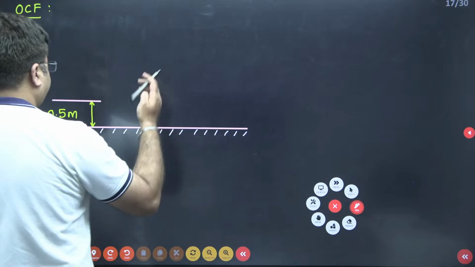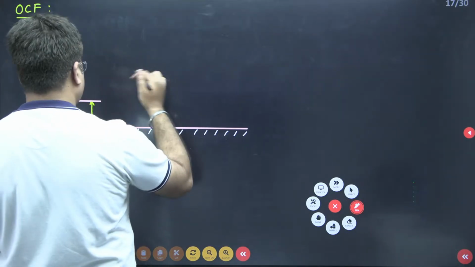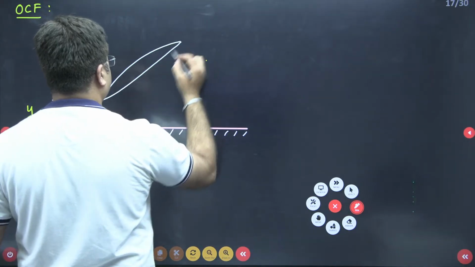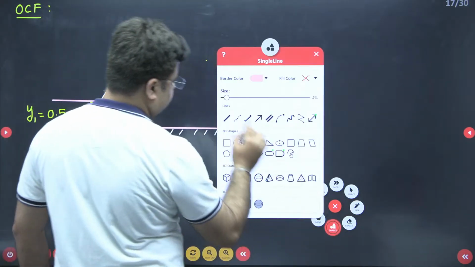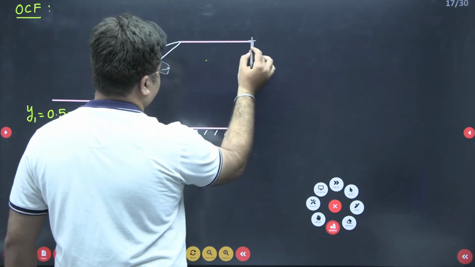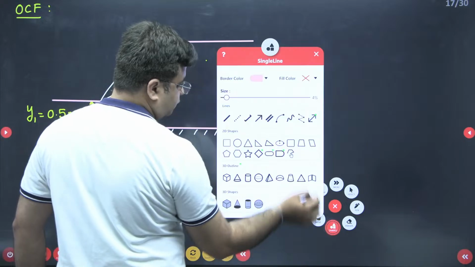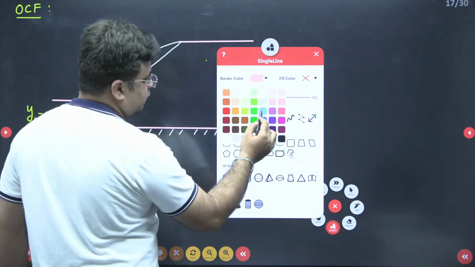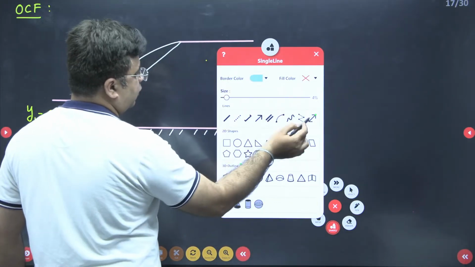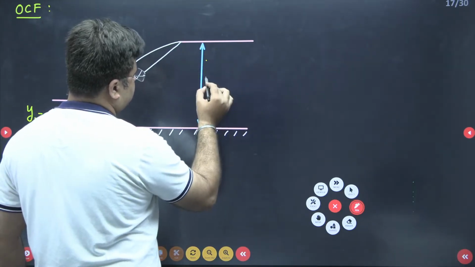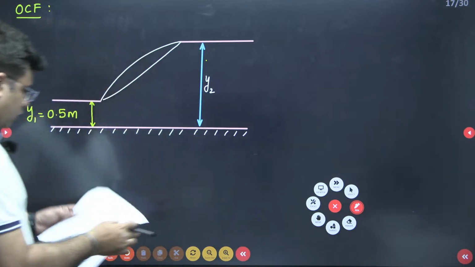And from here, the hydraulic jump is taking place like this. And this is your sequent depth y2. And you need to find out this value of y2. Okay. So what all things are given to you?